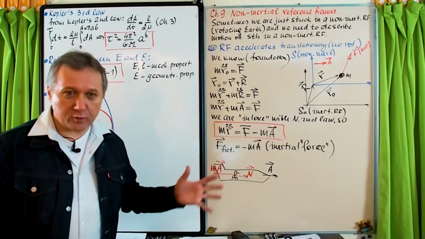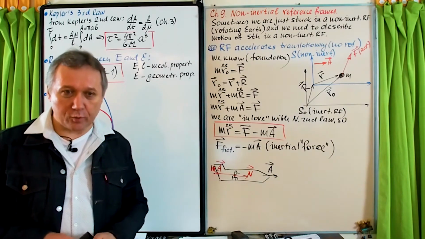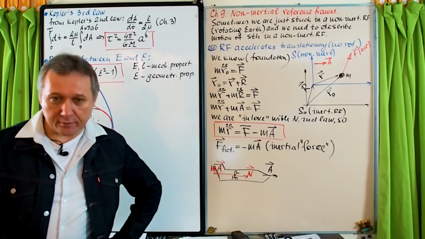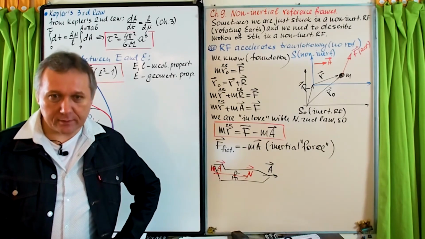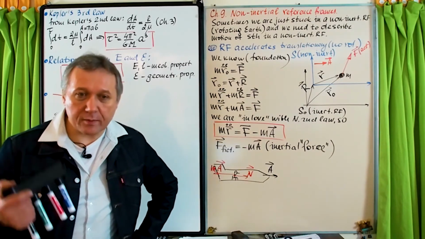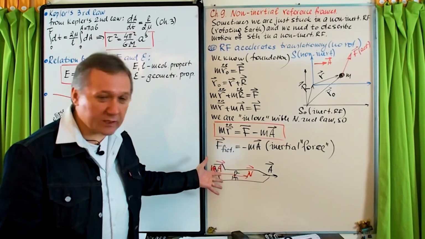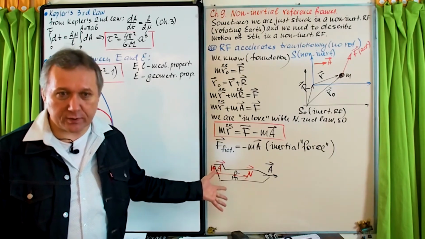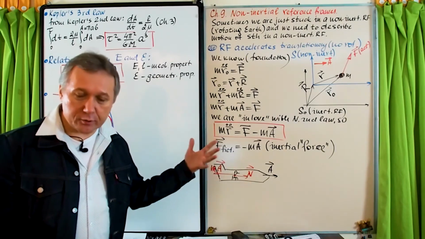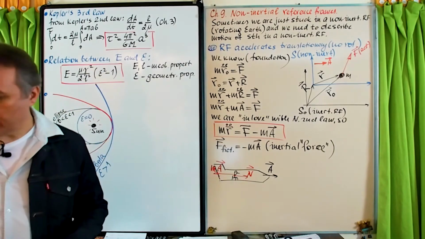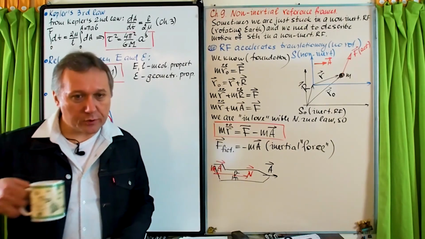So Newton's second law works: net force equals 0, so you are not accelerating in your reference frame. Because we all the time think in terms of Newton's second law, introducing these fictitious forces helps us describe the behavior of an object, still using Newton's second law in a non-inertial reference frame.